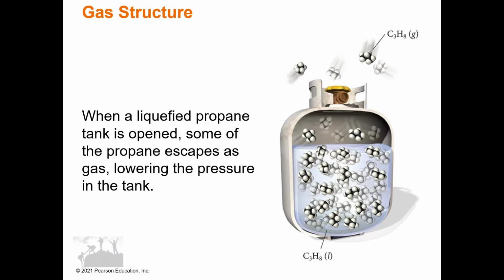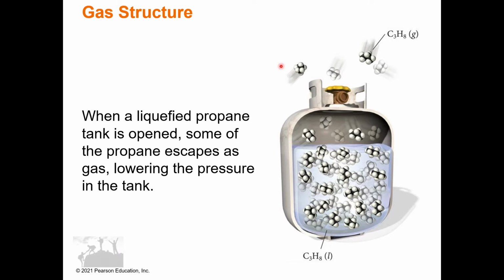For those of you that like to barbecue in your backyard, you probably have a liquid propane tank attached to your grill. Now, inside this tank is liquid propane set at 10 atm. That's a lot of pressure, and it's enough to keep the propane in liquid form. Now, what happens if you're at sea level and you open up this tank?